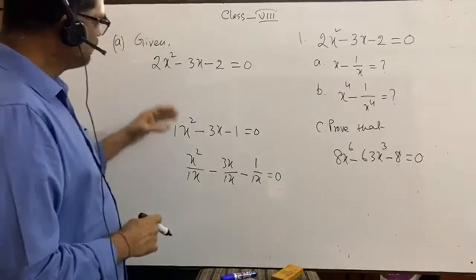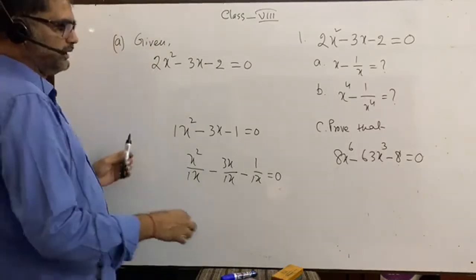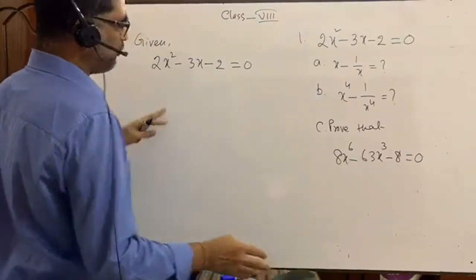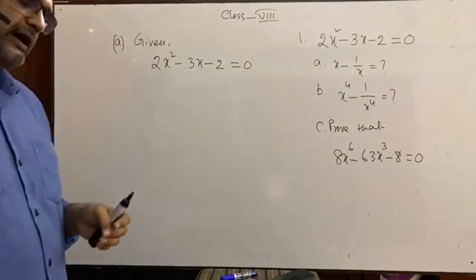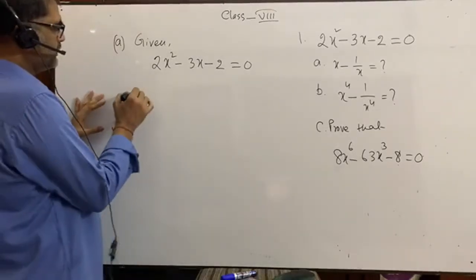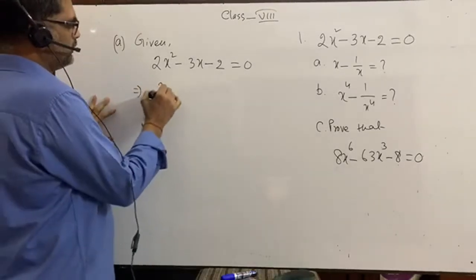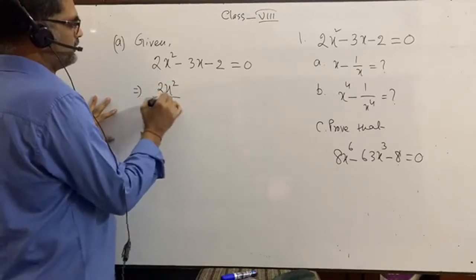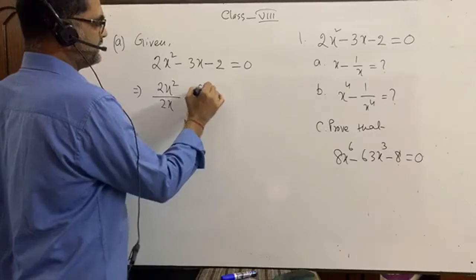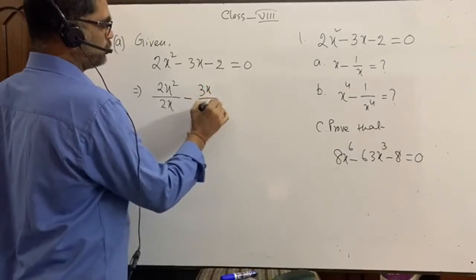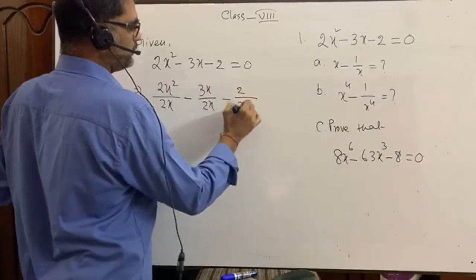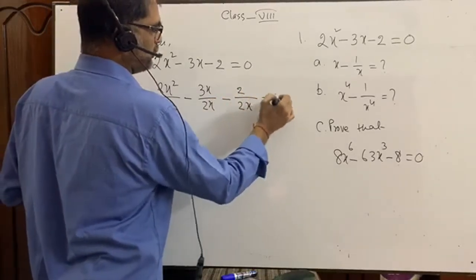But here in this math we have 2x square. Then what is to be done? We have to divide all the terms of both sides by twice x. Let's do it. We divide 2x square by 2x minus 3x by 2x minus 2 by 2x equals 0.